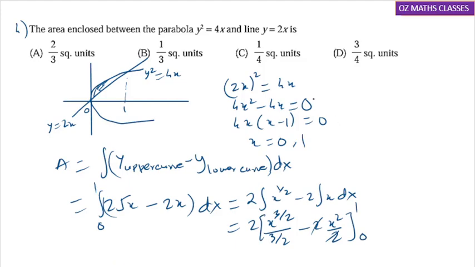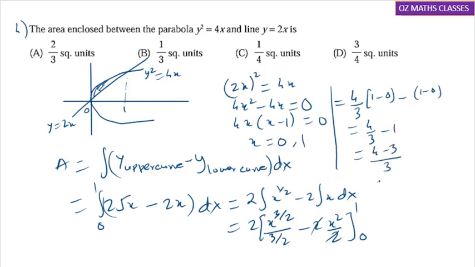So what will you get? Taking this number up, you will get 4 by 3 into 1 minus 0, and here minus 1 minus 0. So 4 by 3 minus 1. Then if you take LCM, 4 minus 3 by 3, that is 1 by 3.